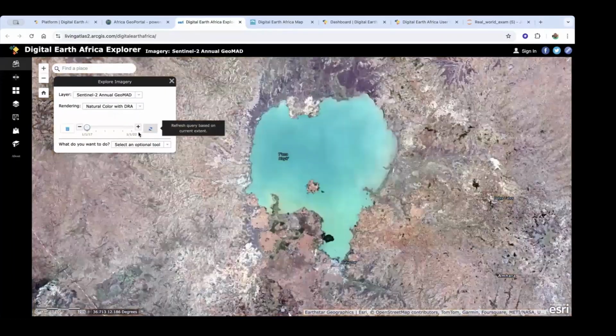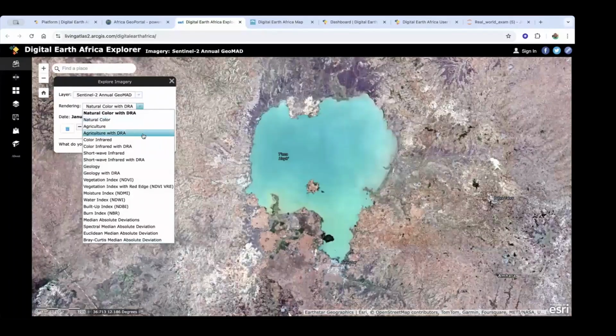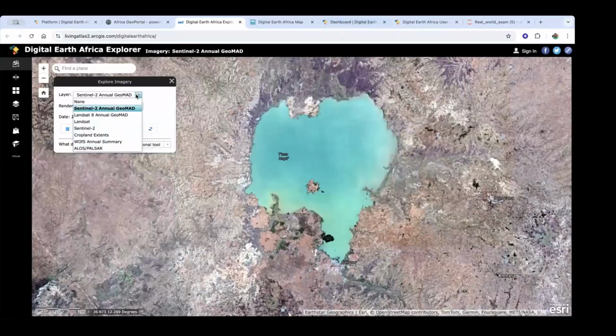So you could look at exploring the imagery, adding different data sets. For example, you could work with Landsat or Sentinel-2. Then you could have a feel of the false color composite, giving you an idea of the water index, as well as the quality of what is happening. So you can see also we have the Landsat, which is key.